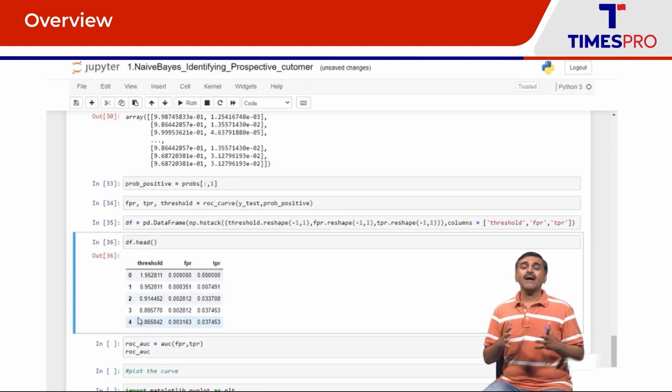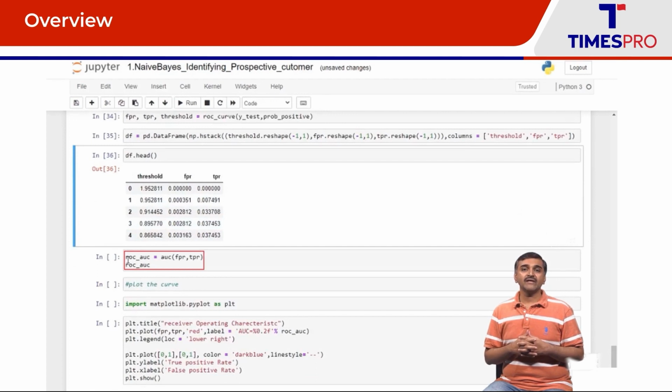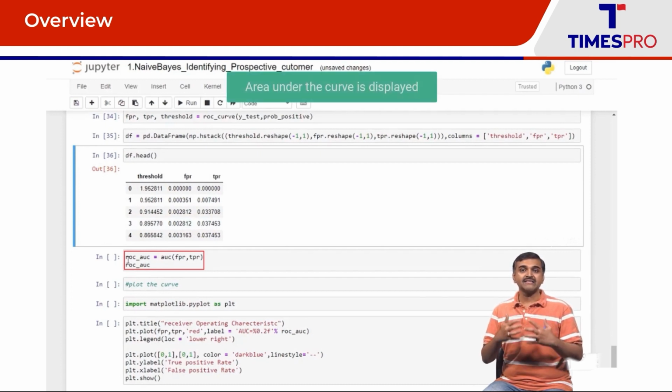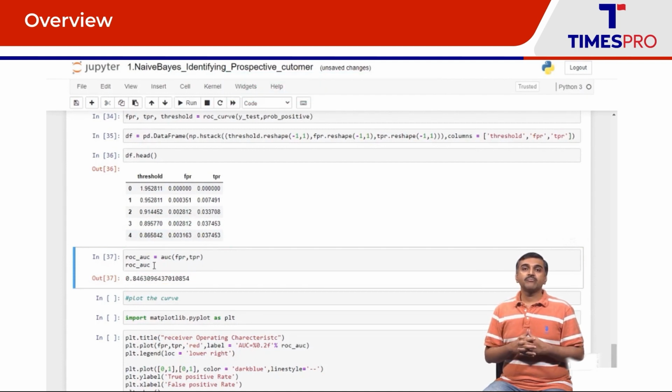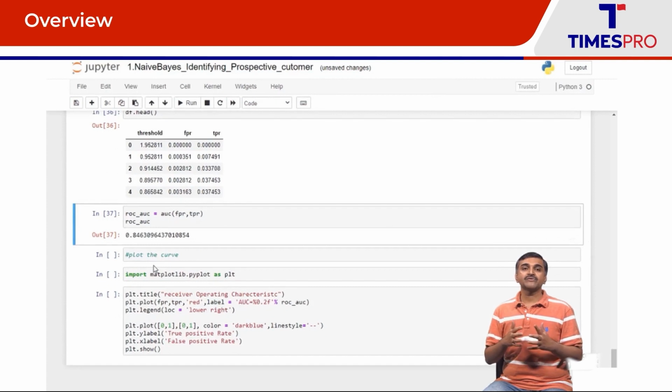Now I am going to get a curve between the false positive rate and the true positive rate. I am also going to compute the area under this curve, which is going to come to around 0.8463.